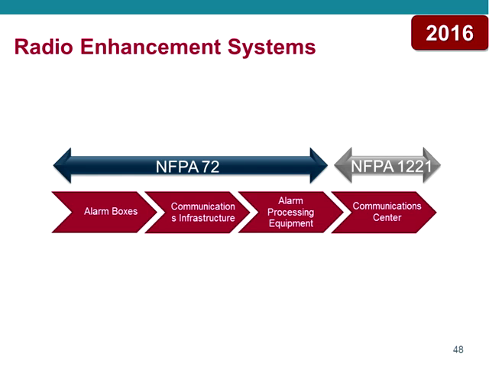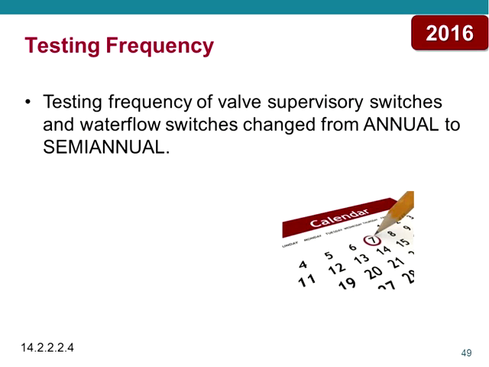In fact, this afternoon, I'm heading down to Dallas, Texas to attend a class that teaches us more about radio enhancement systems. So it's an up-and-coming technology. If you haven't heard about it yet, you will. Many fire departments are headed this way. So I just want to make it clear that the scope of the radio enhancement system and the communications center are covered by NFPA 1221.